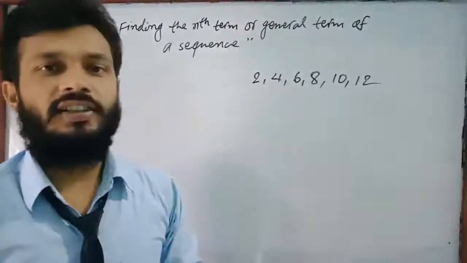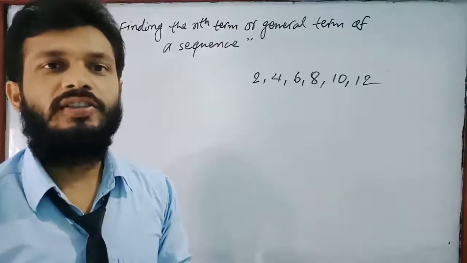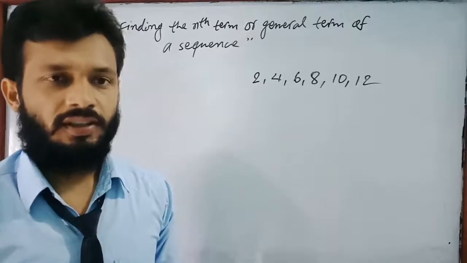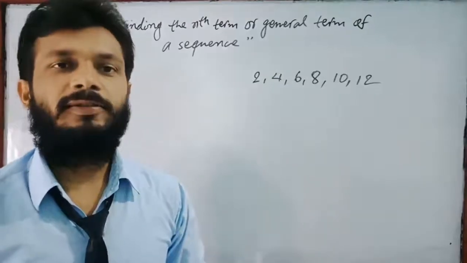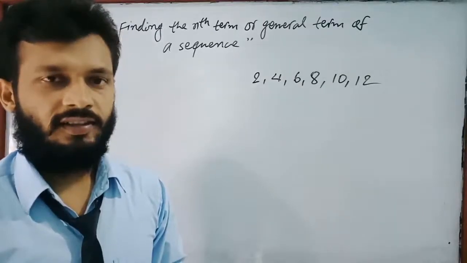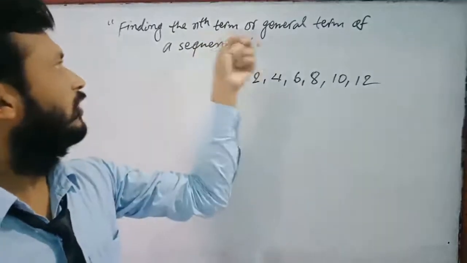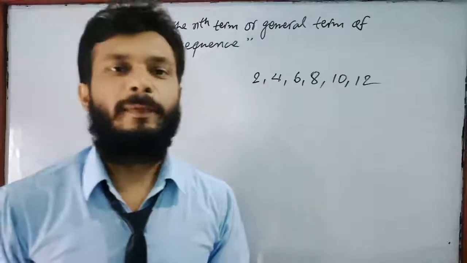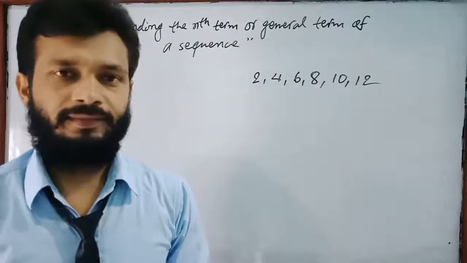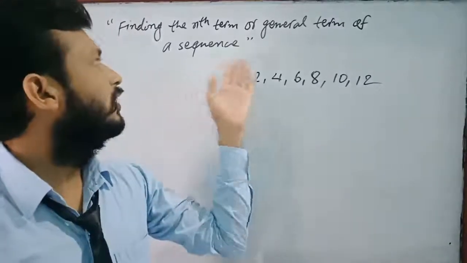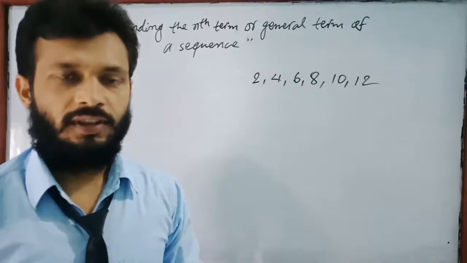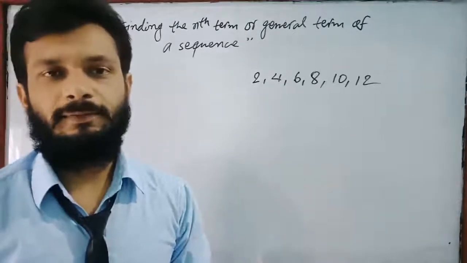Nth term is the formula, or the rule, of the sequence. Understood? Nth or general both are the same. So the nth term or general term is the rule of the sequence.